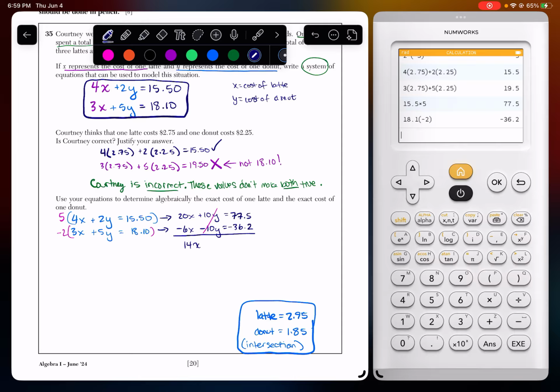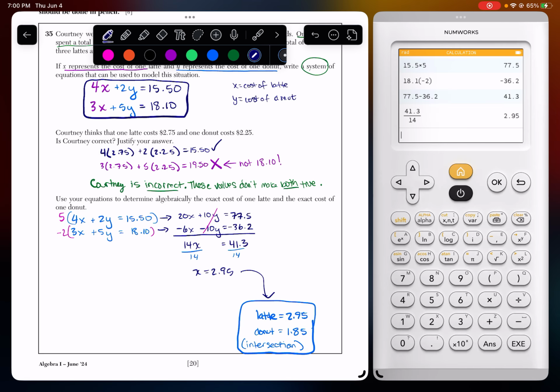So I have 14x equals 41.3. Divide both sides by 14. And I get 295. So we see that I've already gotten one of my values. I got that latte price.